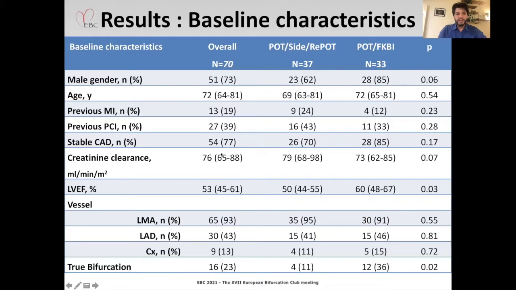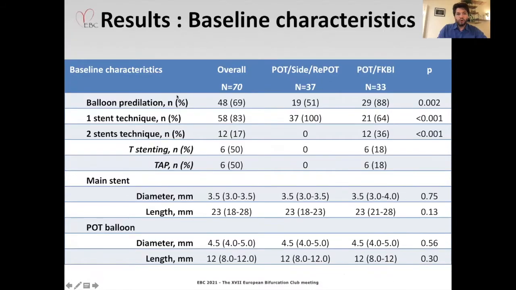And you see that the patients from the final kissing group had a better left ventricular ejection fraction at baseline, but they also had a higher incidence of true bifurcation lesions. Of course, the final kissing was used in all patients with a two stents technique. But these patients represented the minority of the patients included in the overall cohort.